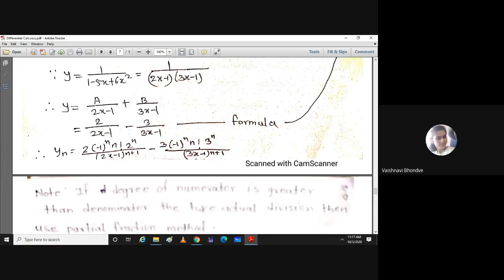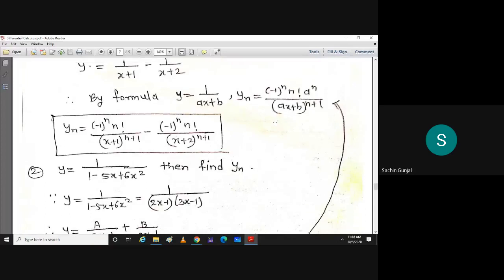Minus 1 raised to n into n factorial into 2 raised to n upon 2x minus 1 raised to n plus 1.